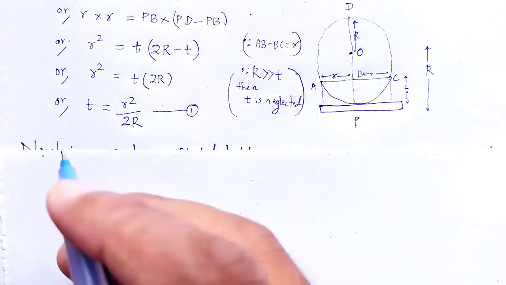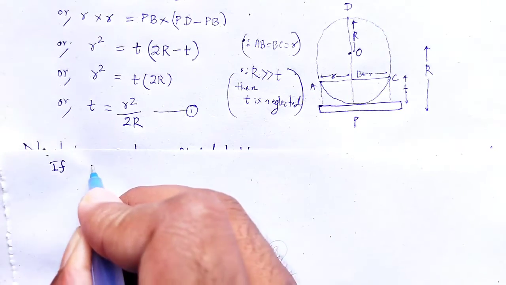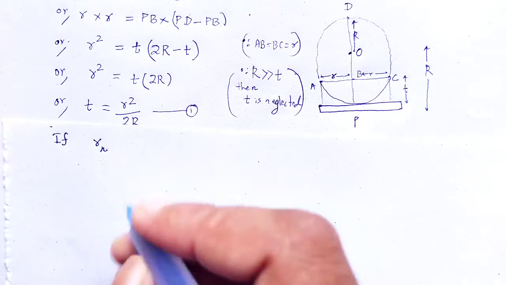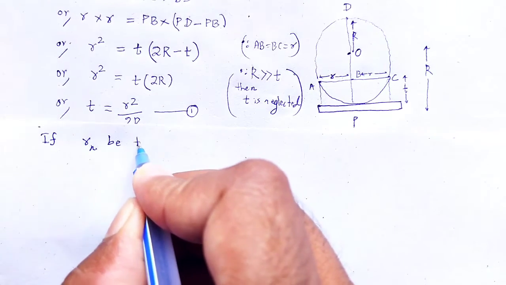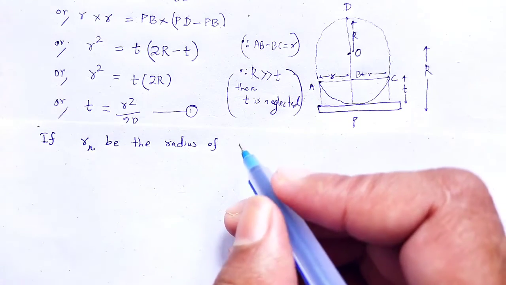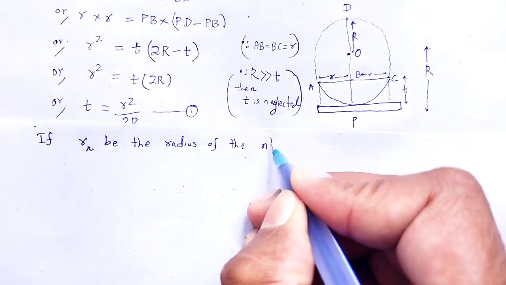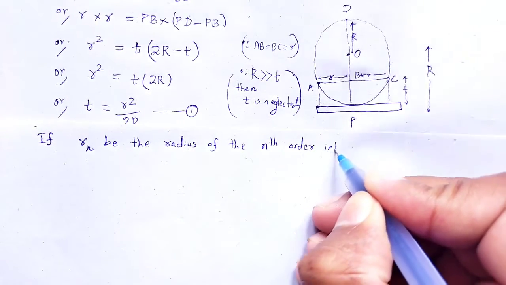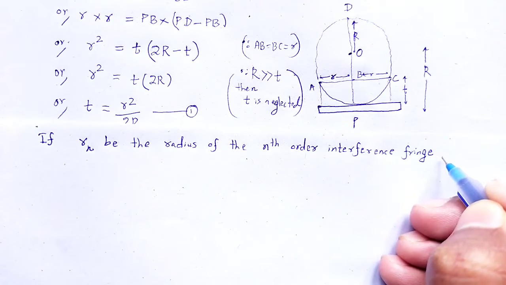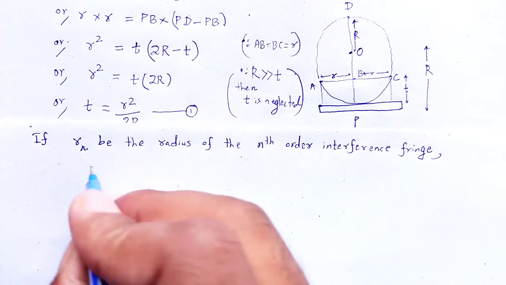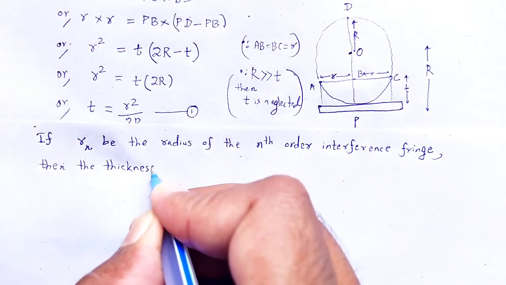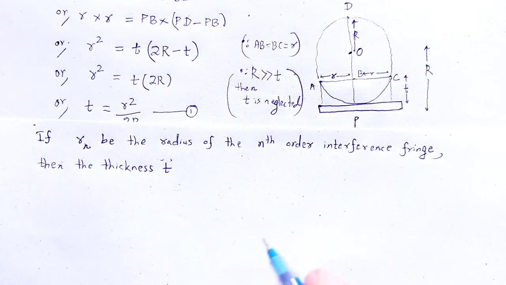If Rn is the radius of the nth order interference fringe, then the thickness t corresponds to the radius Rn.